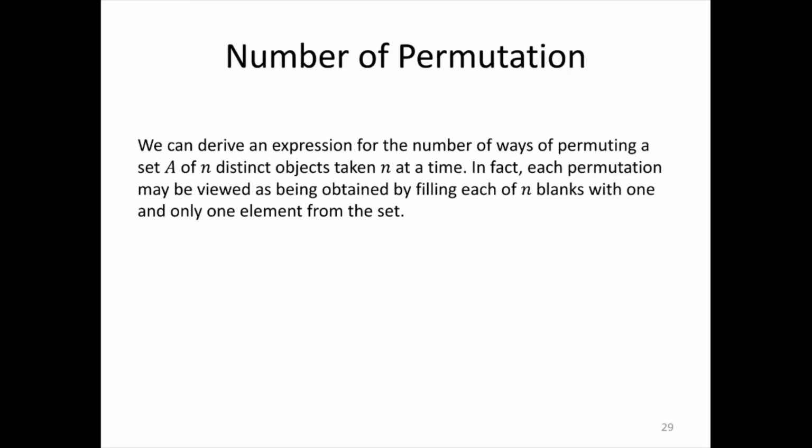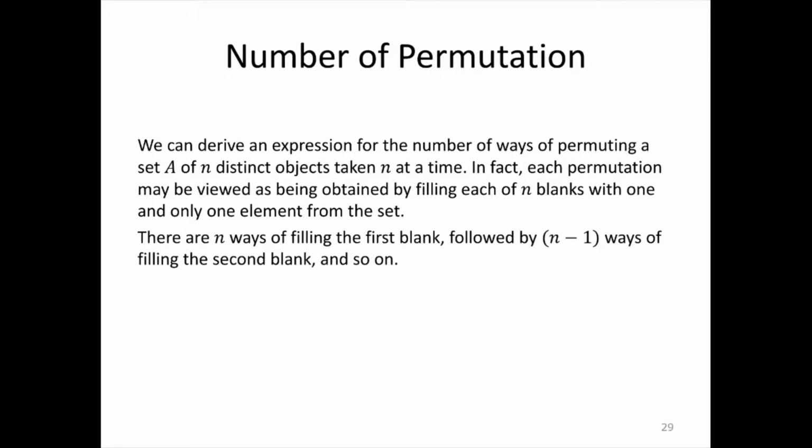So in general, what is the number of a permutation? Now we have a set A of n distinct objects, and we want to take n of them to make an arrangement, which is a permutation. So how to do that?